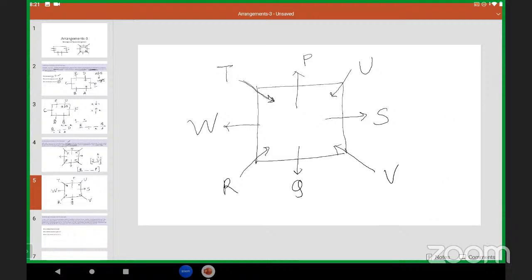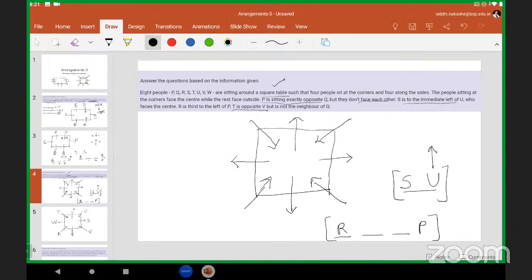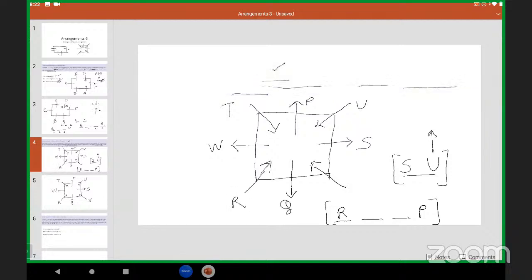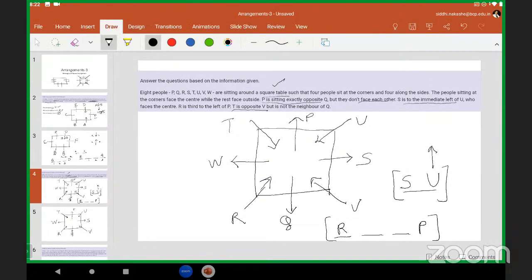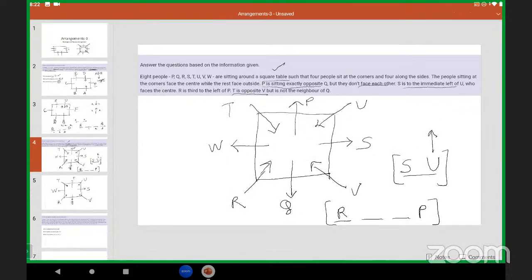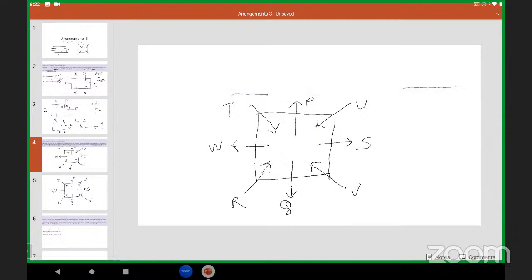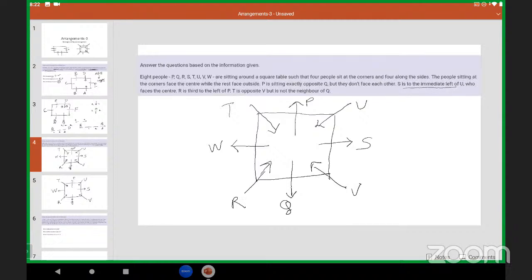Okay, this is the final arrangement. Have a look at the puzzle, and we'll move on to the next one.